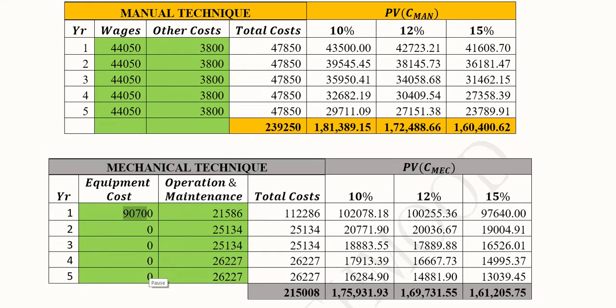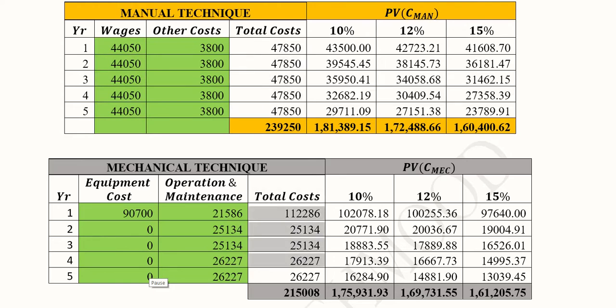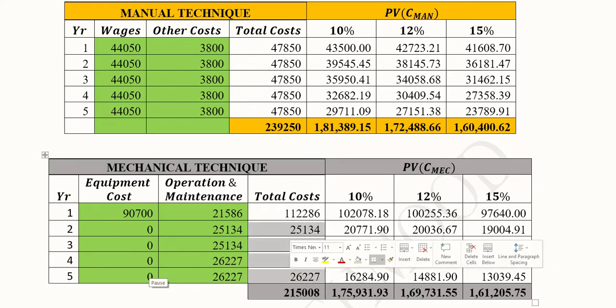But from the first year, the equipment cost, for example, is higher and the maintenance cost is also there. Here the wages are the bulkier part of the overall costs. Here a constant value is occurring, and here a value which is changing, because in the beginning there is capital cost and then there is similarity.